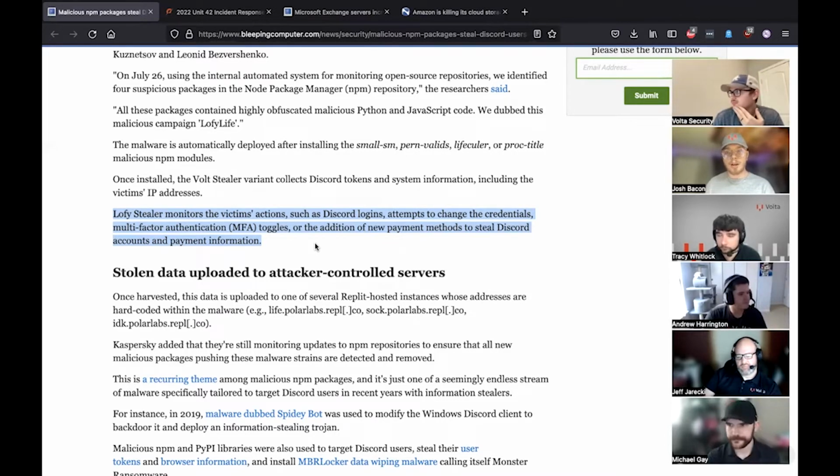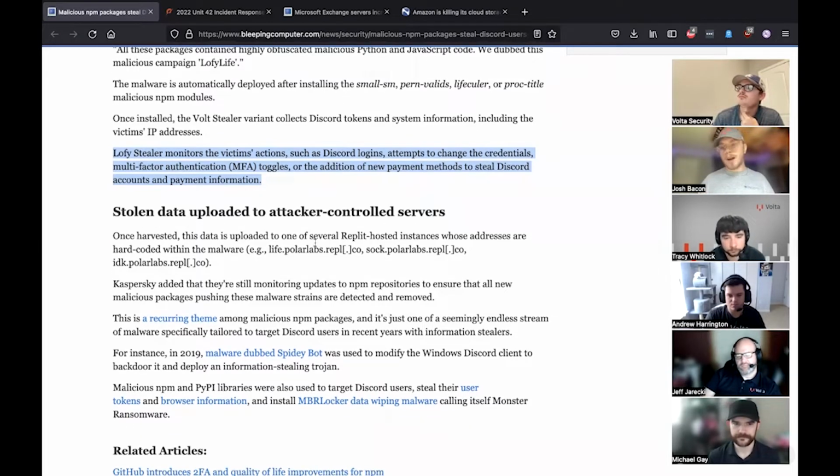But adding payment methods into Discord and being able to steal those credentials from Discord is one of the things they're doing. It's mostly you drop it on someone's computer, you look through Discord's local files, you pull as much personal information out as you can, and you bring it back to the host, essentially. We've seen a lot of different packages do this. I mean, mostly it's malware that targets Discord, but this is the first time we've seen typo squatted or compromised packages do this specific method.